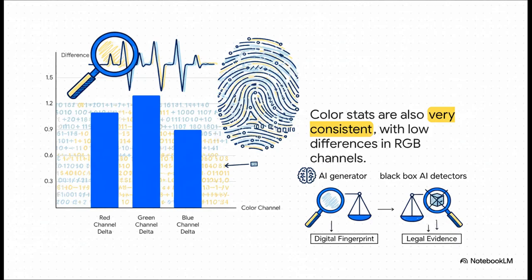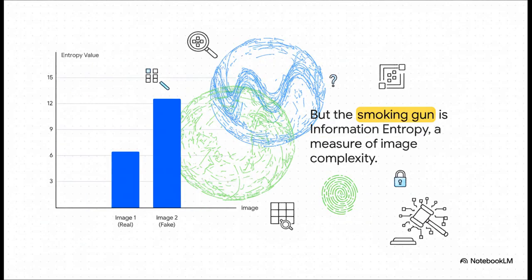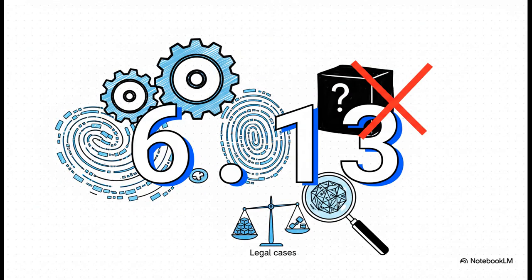But there's one test that tells a completely different story. And here it is. This is the smoking gun. This chart shows the information entropy. Think of it as the amount of raw, chaotic complexity inside each image file. Just look at that difference. The first image, the real one, has a totally normal level of entropy. But the second image? Whoa, its entropy is completely off the charts. To put a number on it, the difference, what we call the delta, is 6.13.